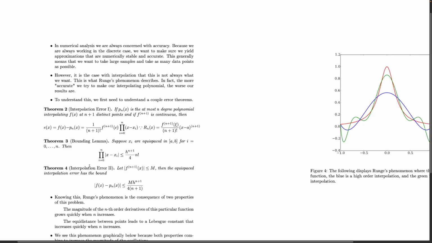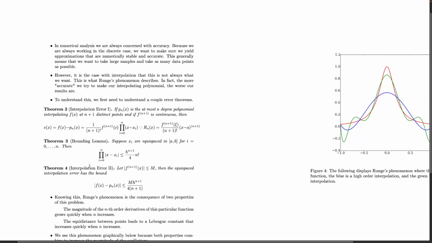If our interpolating polynomial p sub n of x is the at most degree n polynomial that interpolates f of x at n plus 1 distinct points, and if f to the power of n plus 1, which in this notation is the n plus 1 derivative, is continuous, then we can say that the error, which I've denoted as e of x, is equal to our original function f of x minus our interpolating polynomial p sub n of x.